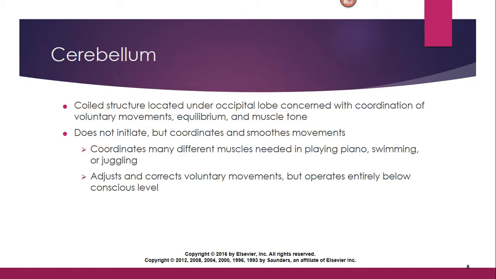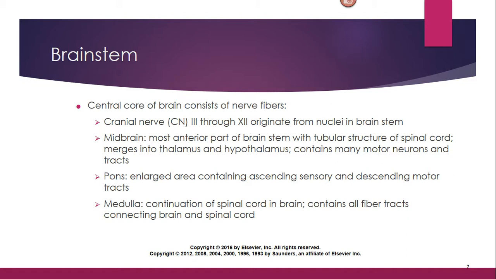Okay? And then our brainstem is the central core of the brain. It consists of nerve fibers, cranial nerves 3 through 12. Our brainstem is broken into three parts.